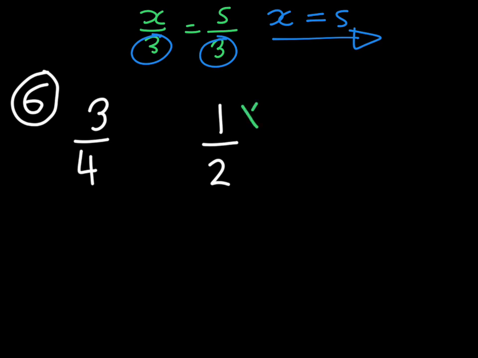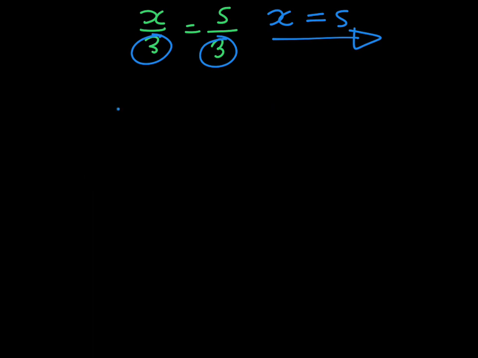We multiply there by 4, and we're going to multiply this by 4 as well. And we then multiply this by 2, and that by 2. Therefore, we'll have 6 over 8, because remember 2 times 3 is 6, and 2 times 4 is 8. Now for the second part, 1 times 4 is 4, and 2 times 4 is 8.